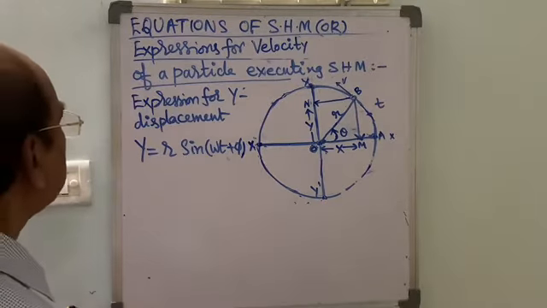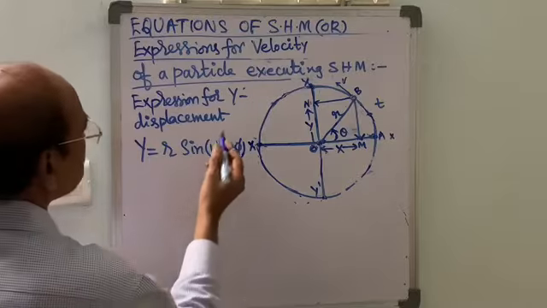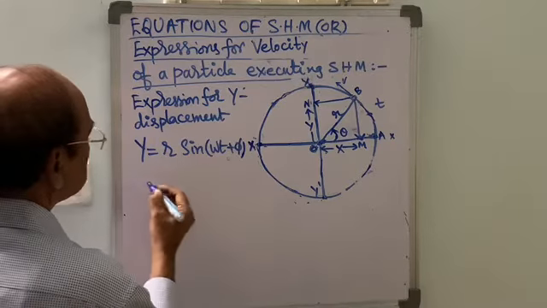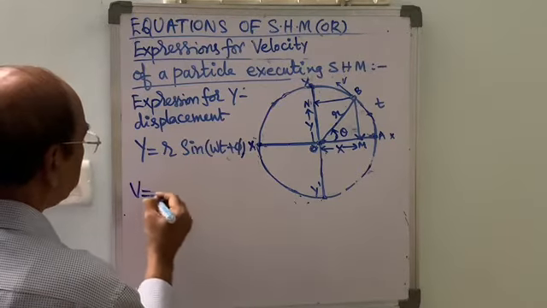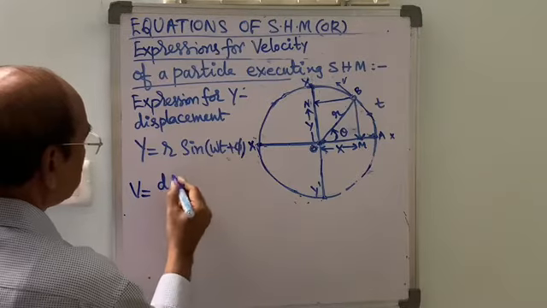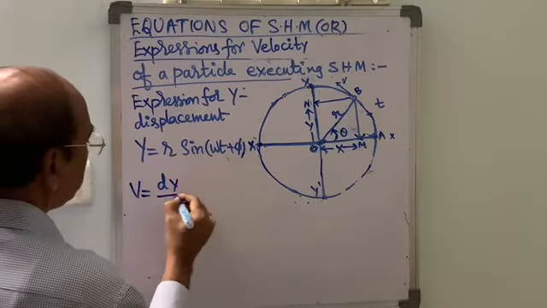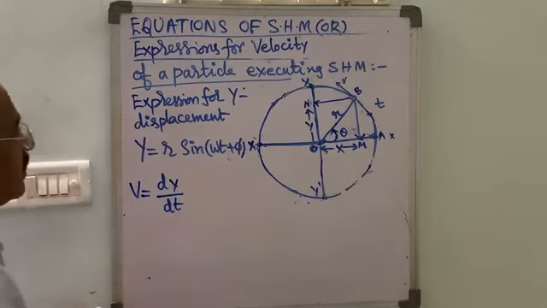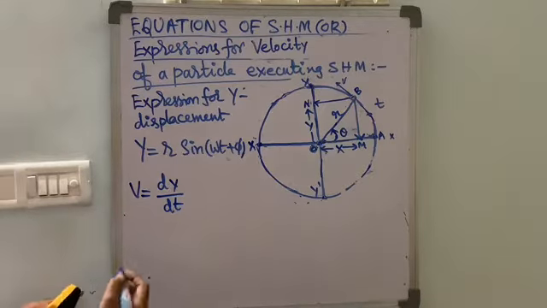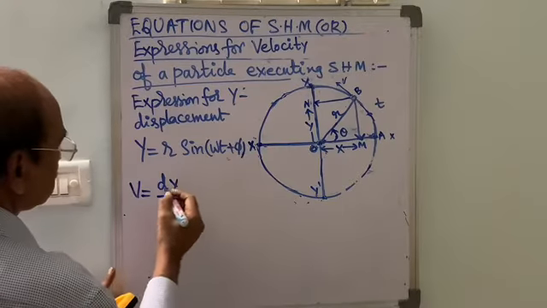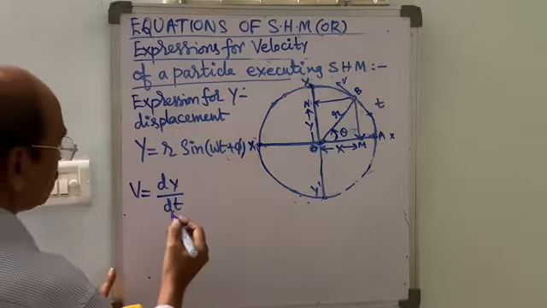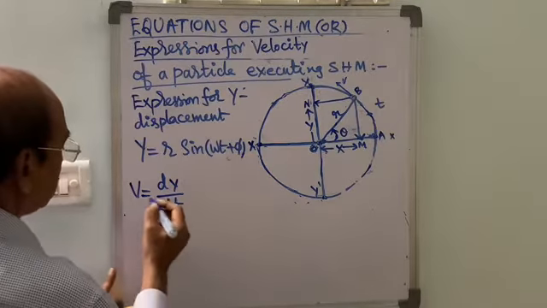Now we want the expression for velocity. So velocity is the rate of change of displacement. Therefore, dy by dt, in time interval dt the displacement changes by dy, so change in position by time is equal to velocity.